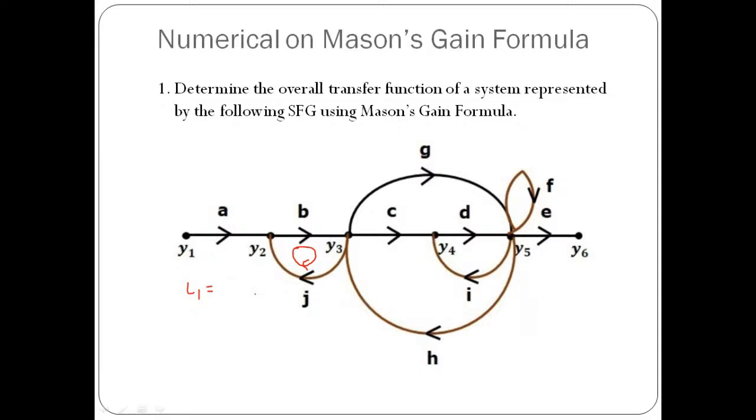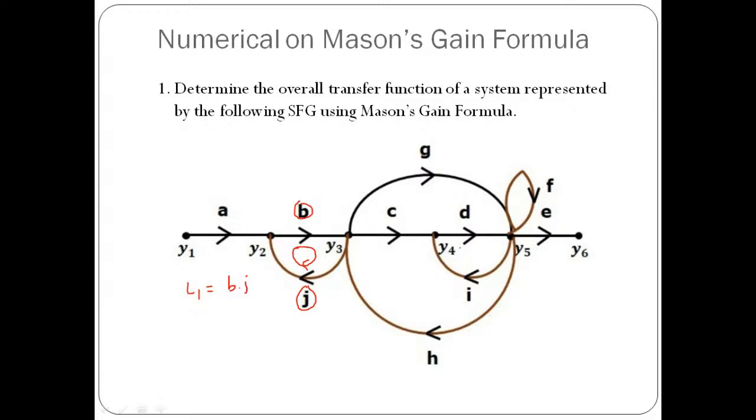It is simply the product of the gains of the branches responsible for the formation of that loop. So this loop is formed by two branches. First one is from y2 to y3 via the branch of gain B, and then from y3 to y2 via the branch of gain J. So B into J will be the gain of the first loop.